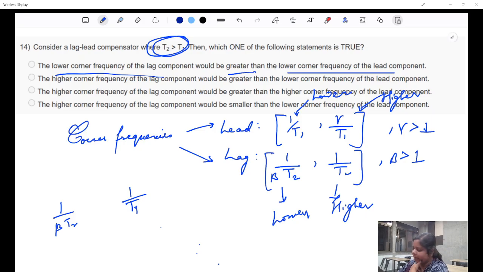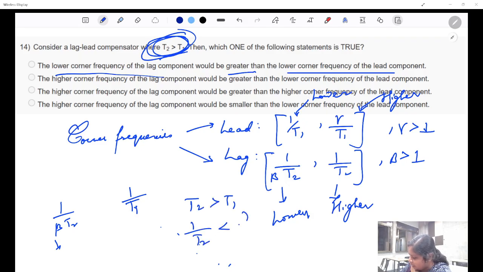So since beta is greater than 1 is all we know, but we only have the comparison of T2 with T1. We don't know how this beta is going to impact. So if T2 is greater than T1, that means 1 by T2 is less than 1 by T1, right?